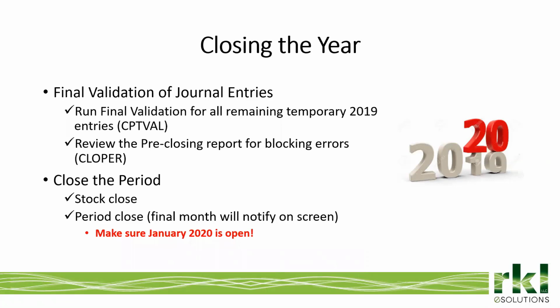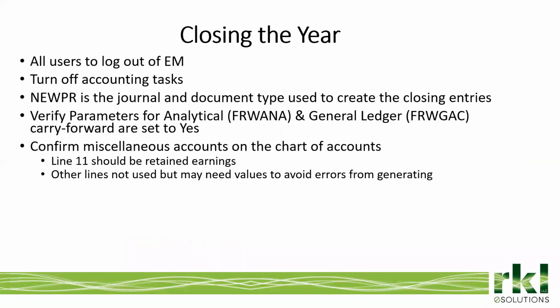Most people will tend to open other months as well, but you definitely need the first period open. And when you do close the period, being that it is the final period in the year, X3 is going to prompt you to tell you that it's the final period of the year. So just make note of that.